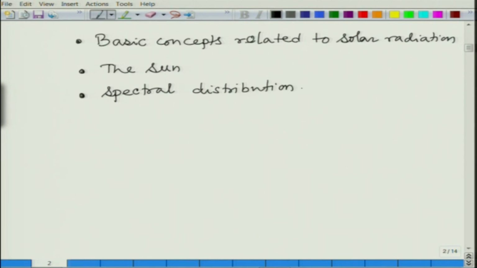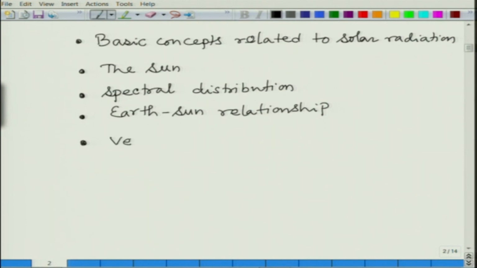Now, we will talk about the spectral distribution, okay, of the sunshine, and then the very important earth sun relationship. Okay. Because that will tell how much we are going to get on the earth and how we can enumerate them correctly. Okay.